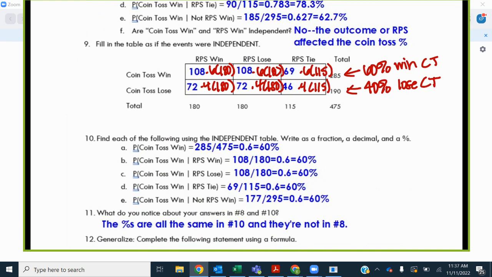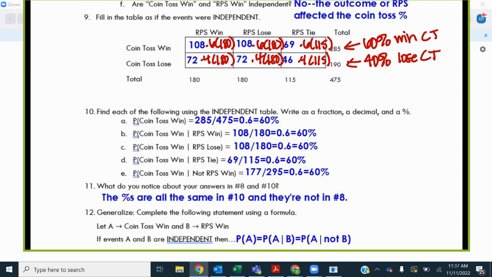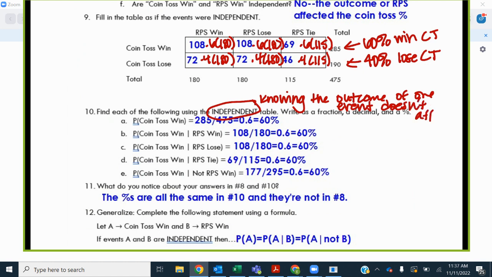And then when you do all this math for number 10, what you'll see is that the percents are all the same, because in this case, if they're independent, knowing the outcome of one event doesn't affect the other event.